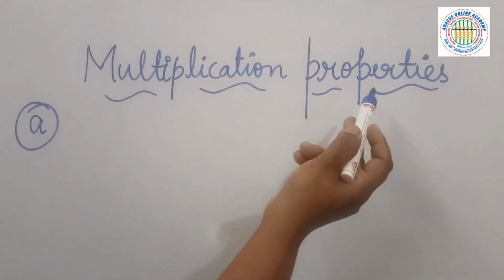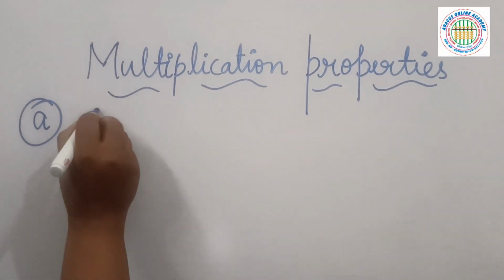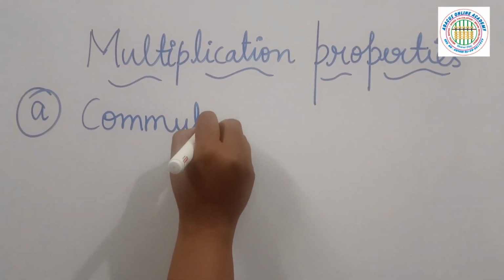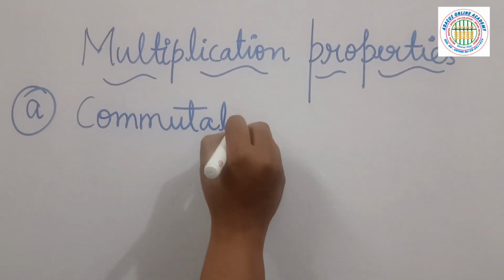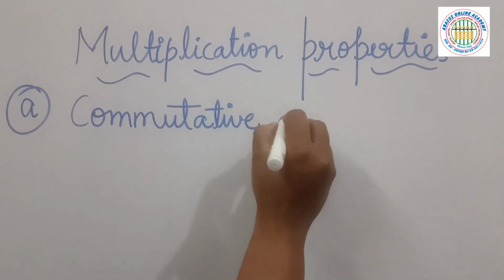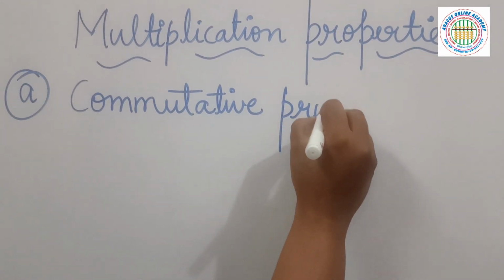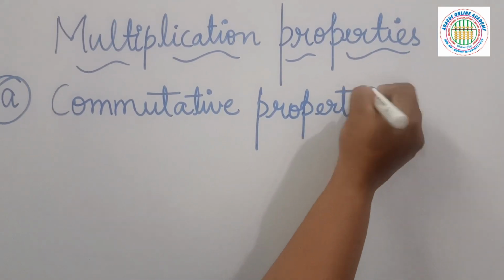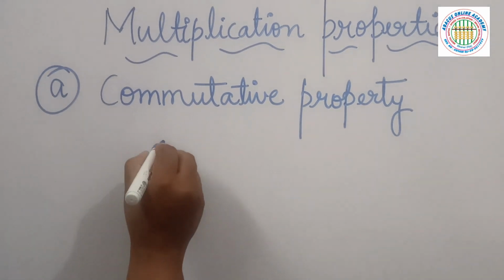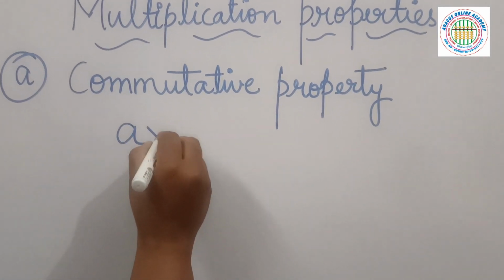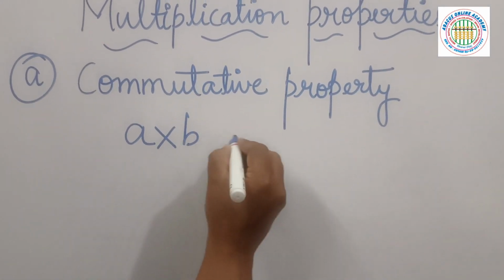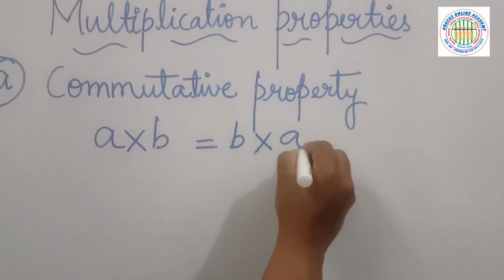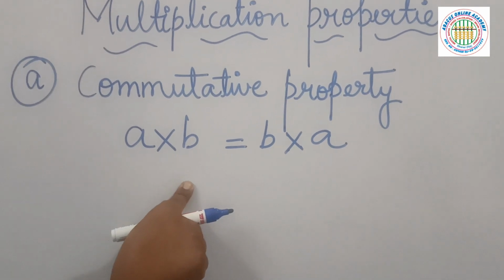Next, let's see the multiplication properties. Okay, the first one is, what did we learn in addition? Commutative property. Let's see whether that's the same for the multiplication or not. Okay, commutative property. So, what is the formula or what is the rule? A multiplied by B is equal to B multiplied by A. Always keep this in your mind.